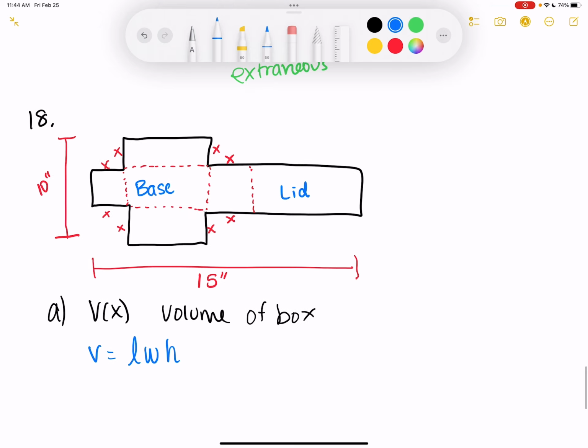I'm just going to set this up and then we'll continue it on Monday because I want you to actually be able to take your 15. So length is, we're going to call it this 10. We're taking out 2x, because there's an x here and an x here. So 10 minus 2x.